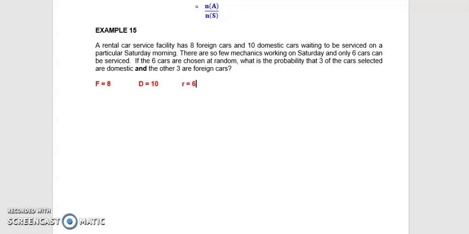What is the probability? When a question asks you about probability, your answer must be from 0 to 1. It cannot be more than 1 and cannot be negative. So what is the probability that 3 of the cars selected are domestic? 3 of the cars selected are domestic and the other 3 are foreign cars, so 3 plus 3 is 6.